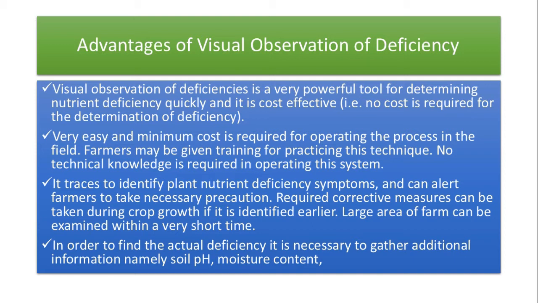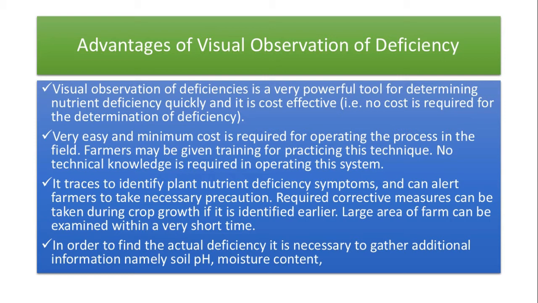Farmers may be given training for practicing this technique. No technical knowledge is required in operating this system. It helps to identify plant nutrient deficiency symptoms and can alert farmers to take necessary precautions.